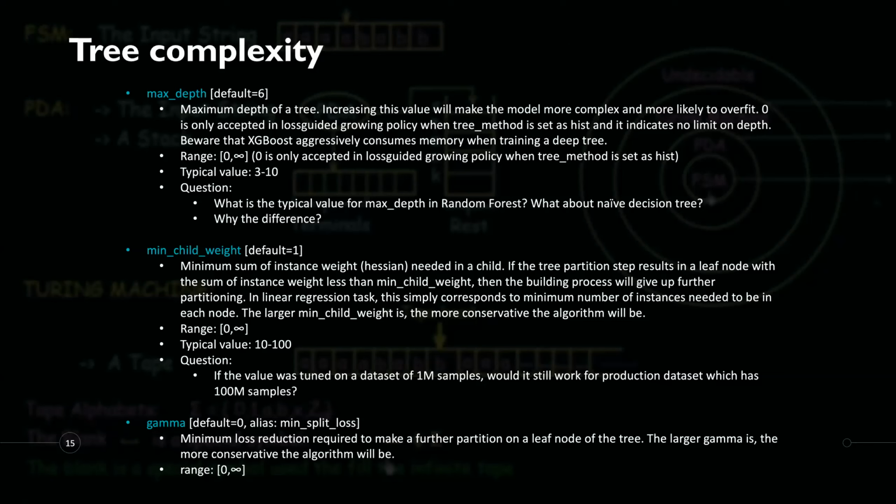And therefore, we need to retrain the model using the parameters we tuned against a smaller data set. And because the experiment data set is smaller than the actual production data set, we probably need to tweak some of the parameters because of the difference in data set size.